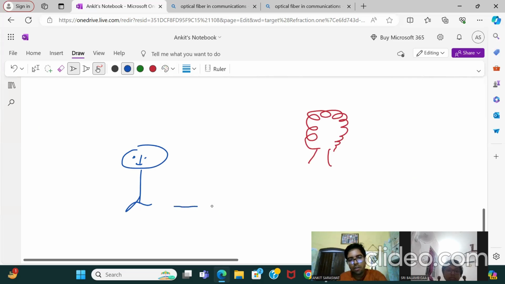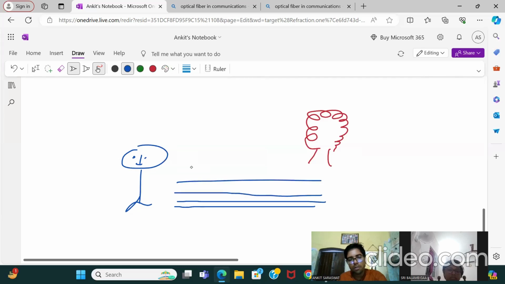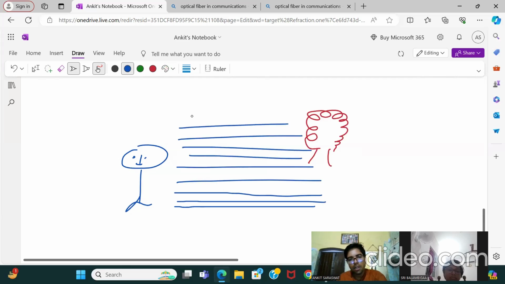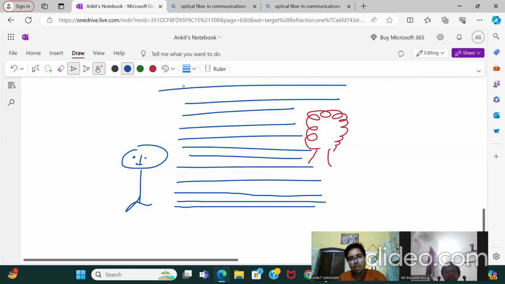Then there are layers of air, so many layers of atmospheric air present there. Understood? Now, this tree is looking like this.